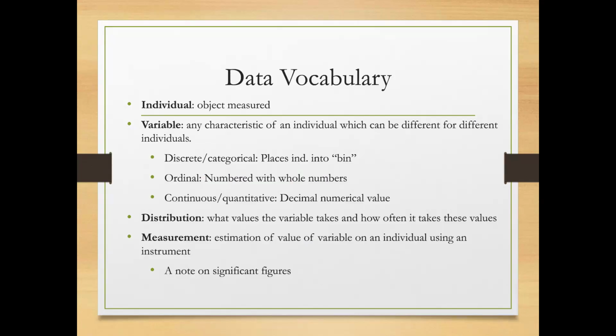So, like, if we're flipping a coin, it has a heads or a tails, right? So we're going to count up how many heads we got. That's like putting them into a bin, right? So a category.